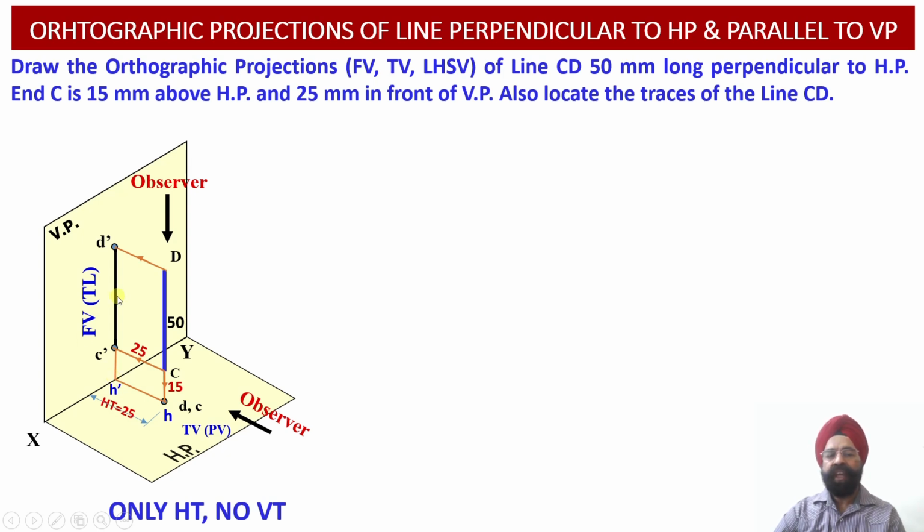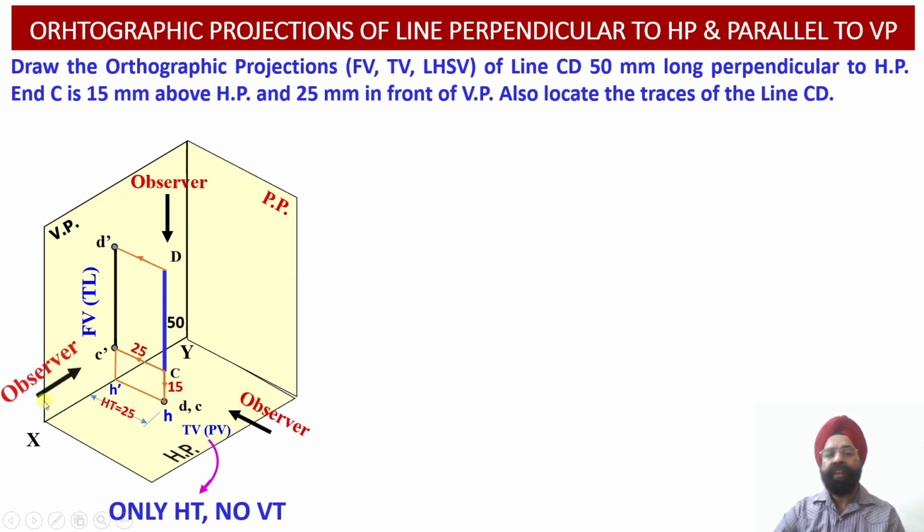So this way we have been able to evaluate the front view projections, top view projections, and the horizontal trace of the line. Now let us proceed with the evaluation of the left hand side view projections of this particular line.